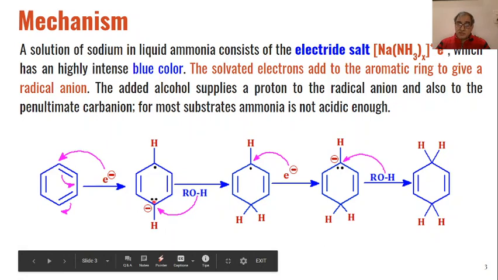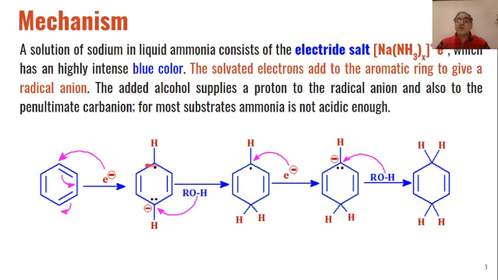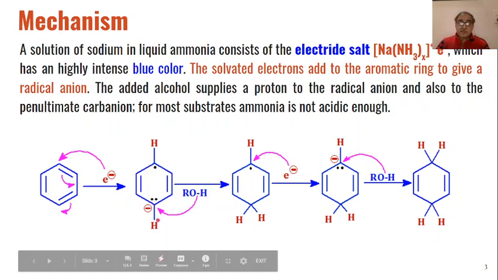So one carbon will be having 2 electrons and a negative charge, and the other carbon will be having a single electron. So we have the formation of a radical anion, and this radical anion will interact with the alcohol present in the system, and it will abstract one proton from the alcohol, and that proton will be added to the negative charge anion formed on the aromatic system, and we will get this type of radical formed.